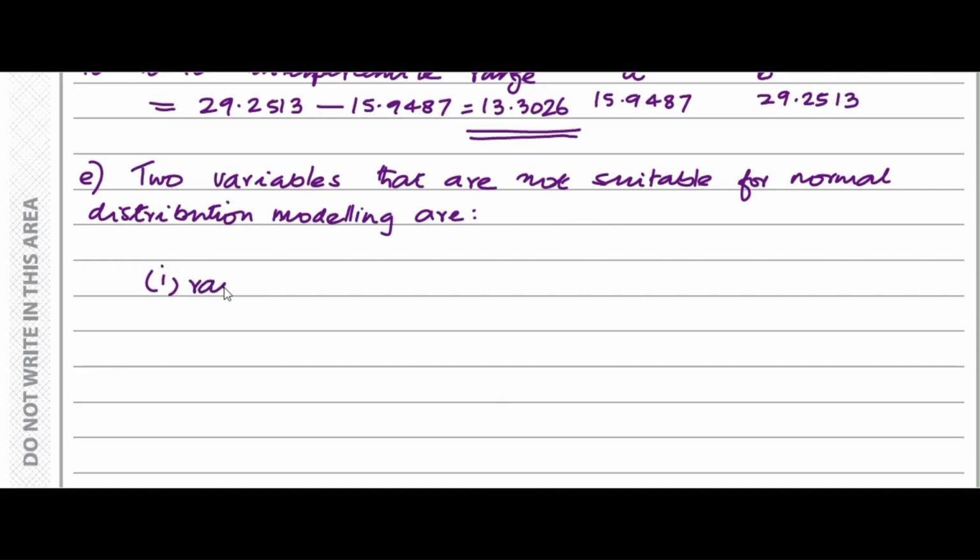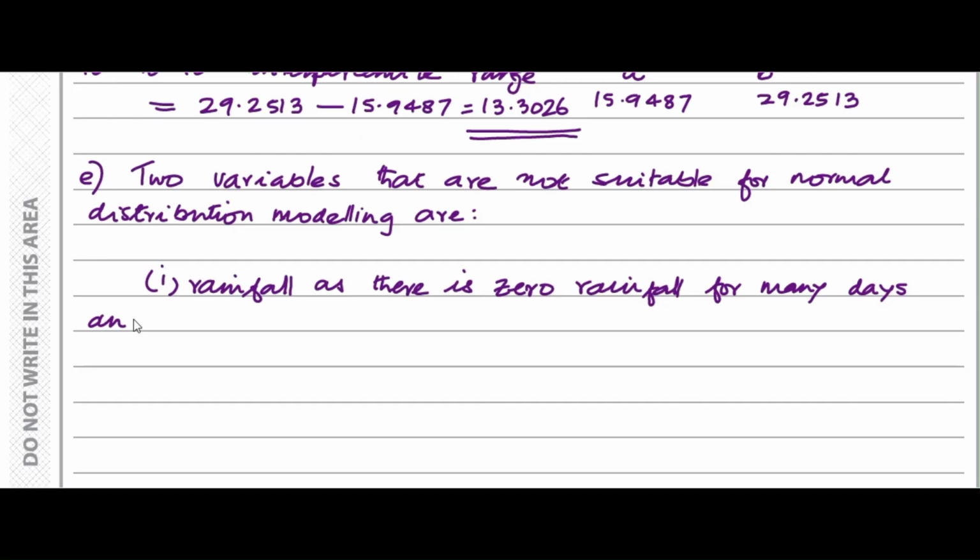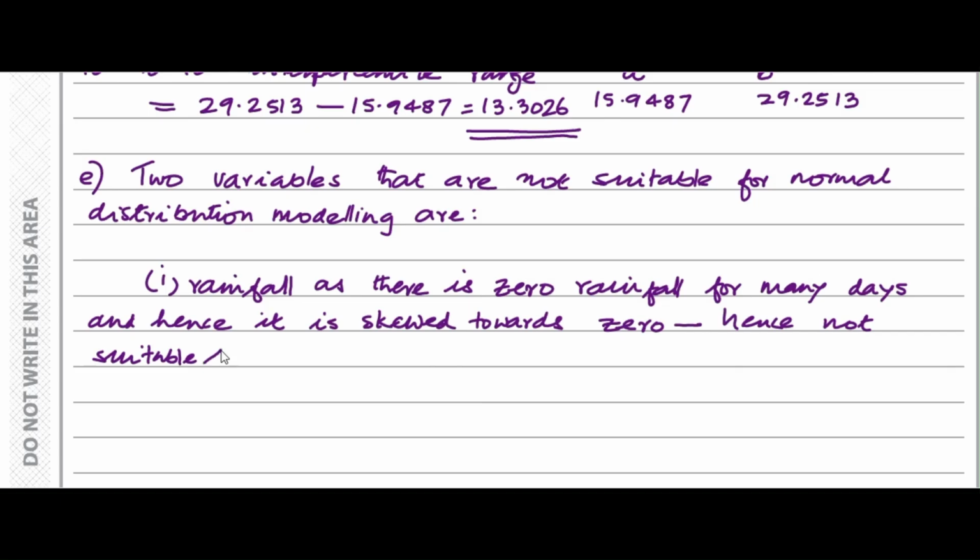Rainfall, with reason, as there is zero rainfall for many days, and hence it is skewed towards 0, hence not suitable for normal distribution.